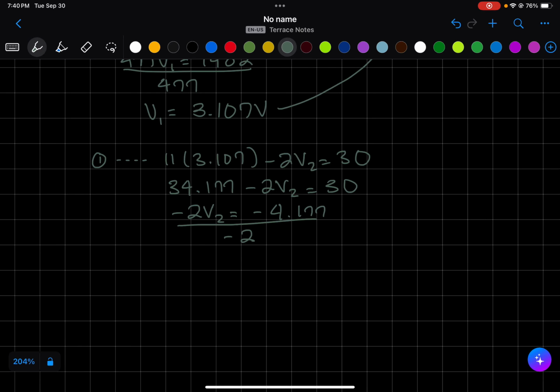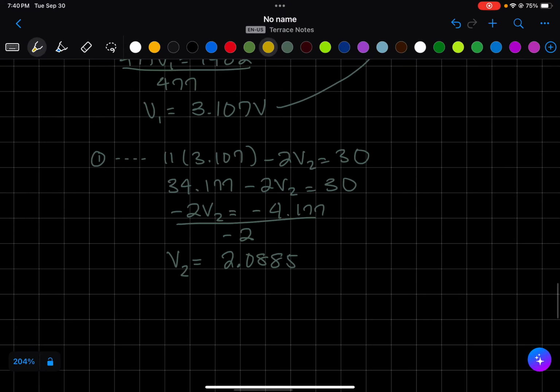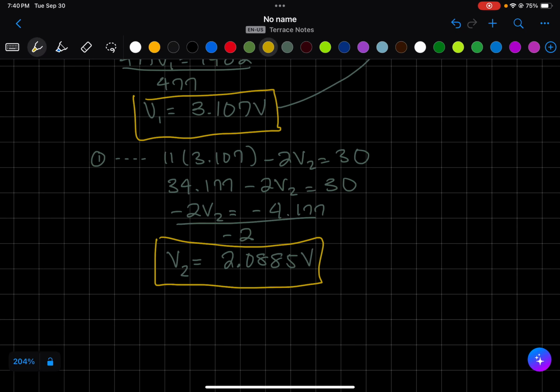Divide that by -2 to have our v2 be by itself. And this is what my calculator gave me as v2. So here are my two values for both v1 and v2.